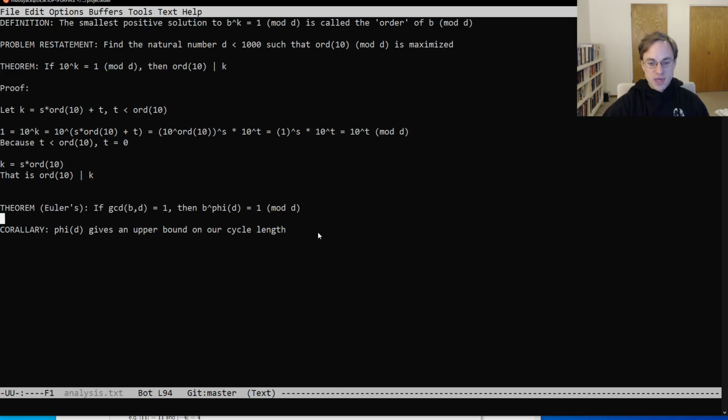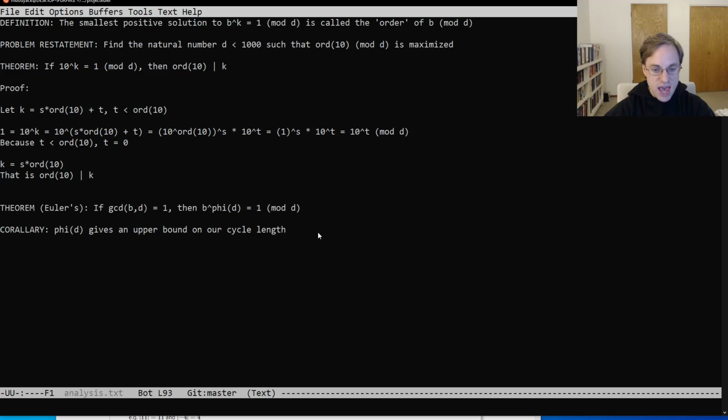That is because phi of d solves our equation here for b equals 10. That means our solution k can't be greater than phi of d if it's to be the smallest solution.